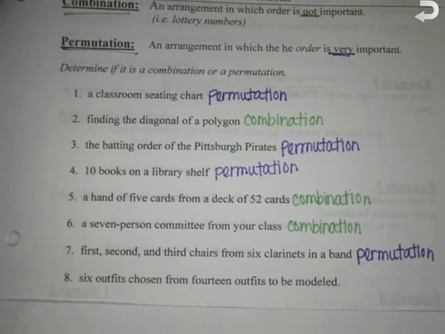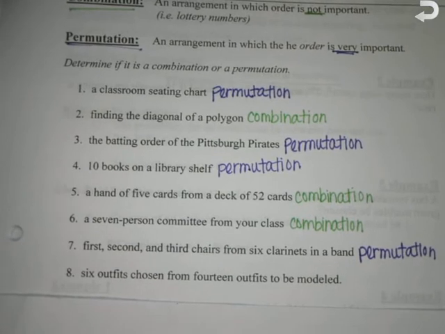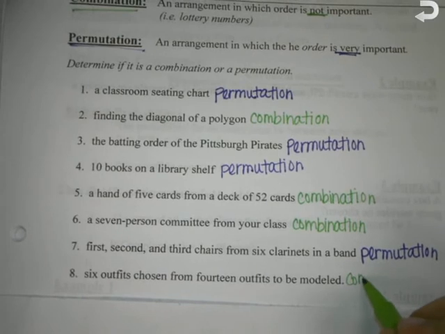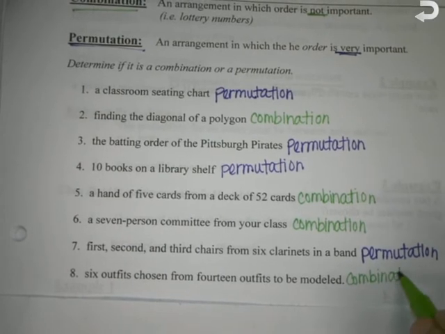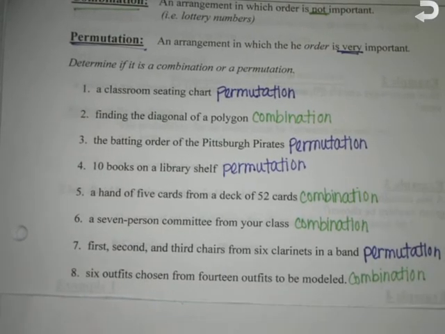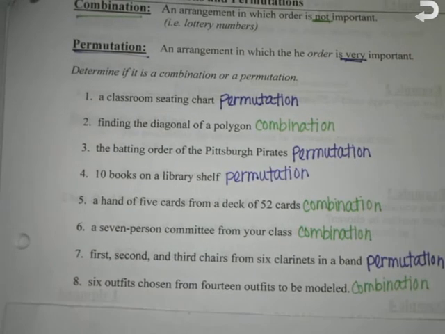Does the order matter there? I'm just picking the outfits. I'm not putting them in order. I'm just picking which outfit. So does the order matter? Combination. The order does not matter. It just matters which 6 I picked.